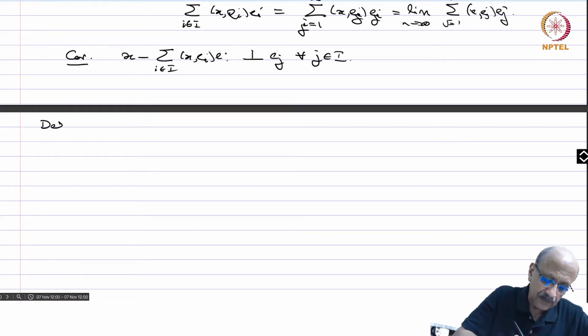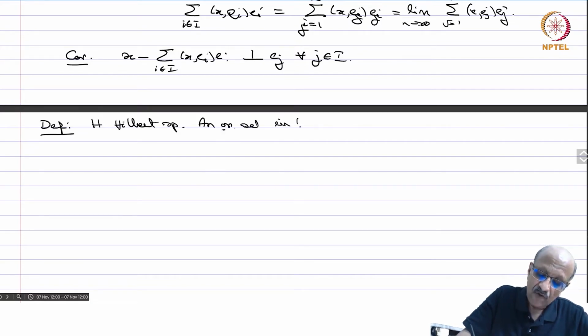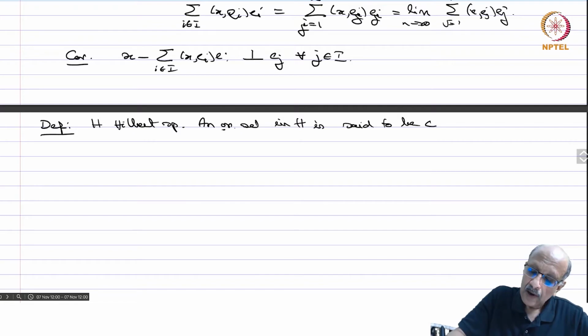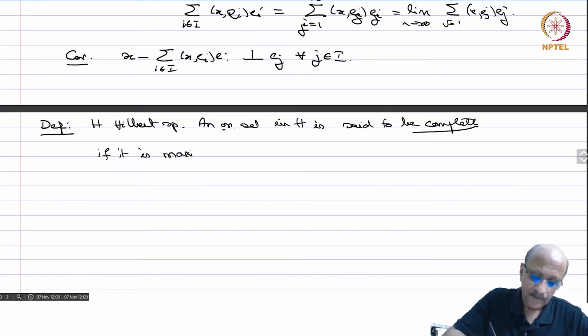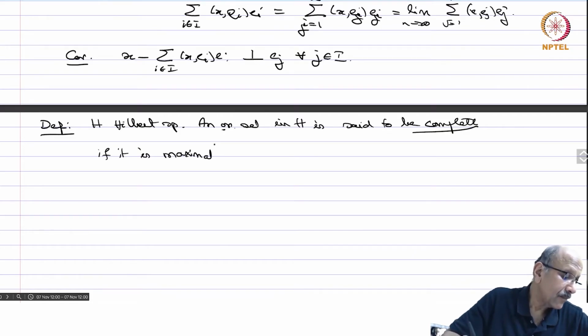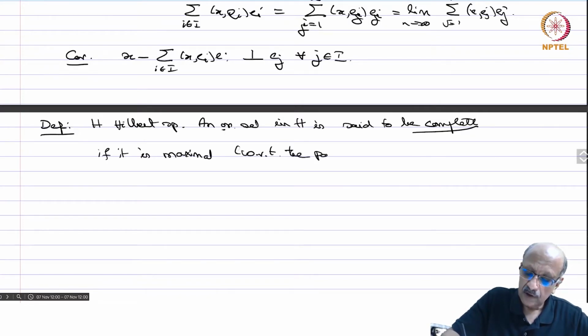So now, definition. H, a Hilbert space. An orthonormal set in H is said to be complete if it is maximal, of course with respect to the partial order induced by set inclusion.